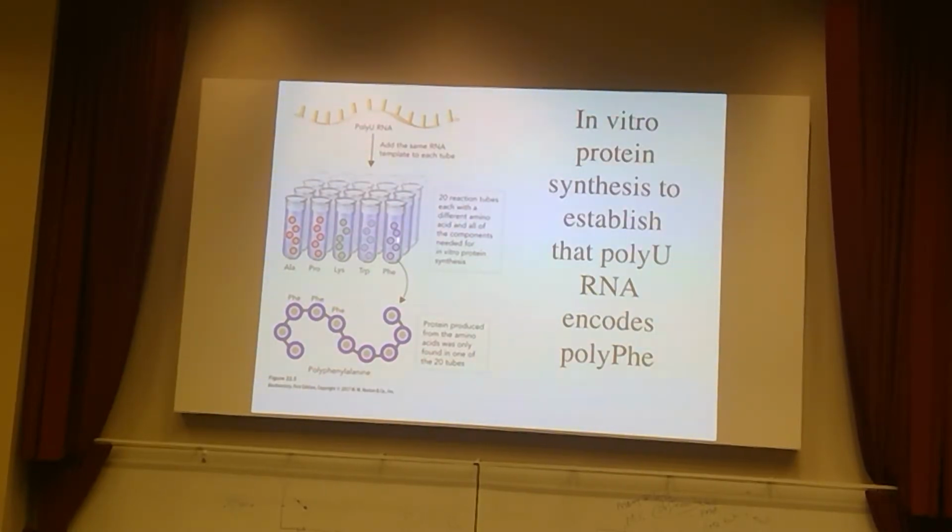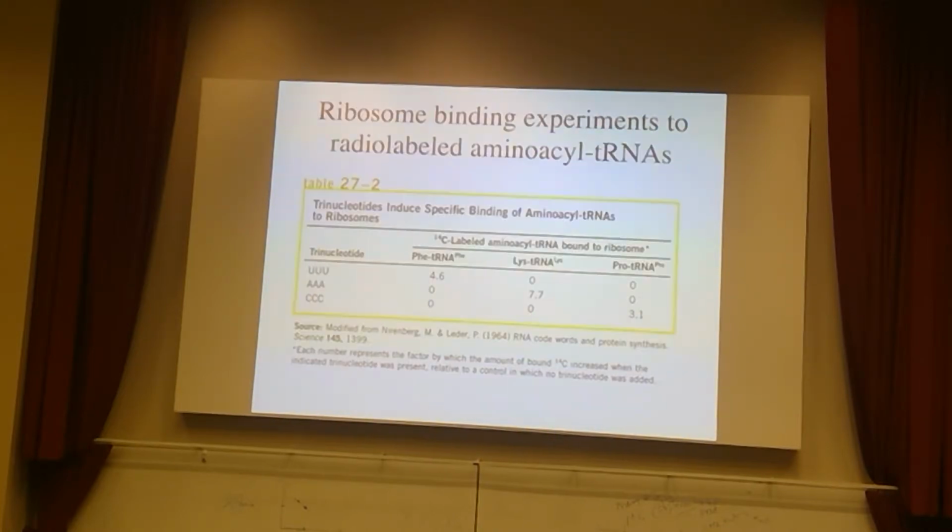This experiment told them that UUU encodes phenylalanine, so they were able to use this to establish that this technique worked. In this case, they were working with a tRNA for phenylalanine with the phenylalanine on it that was labeled with a radioisotope, and they found that in the presence of that UUU trinucleotide, it was bound onto the ribosome.